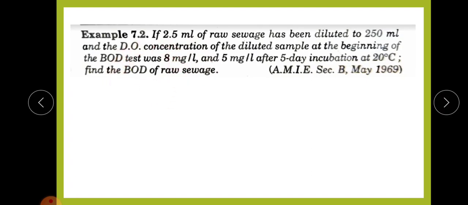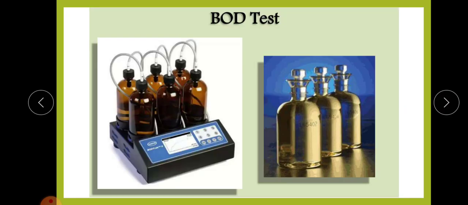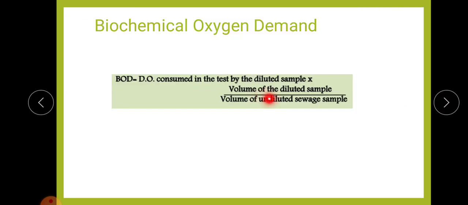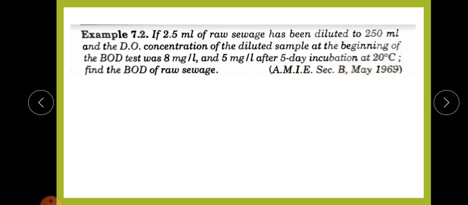What is the dilution factor? Dilution factor is equal to volume of diluted sample divided by volume of undiluted sewage sample. Here the raw sewage has been diluted to 250 ml and the sewage volume is 2.5 ml.